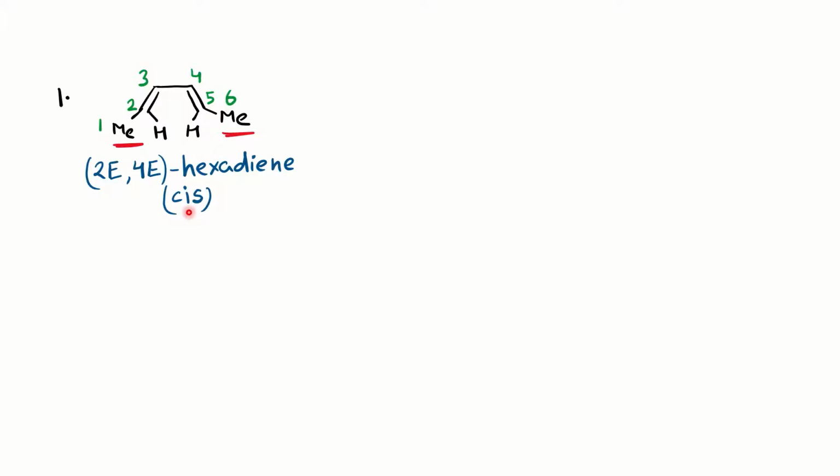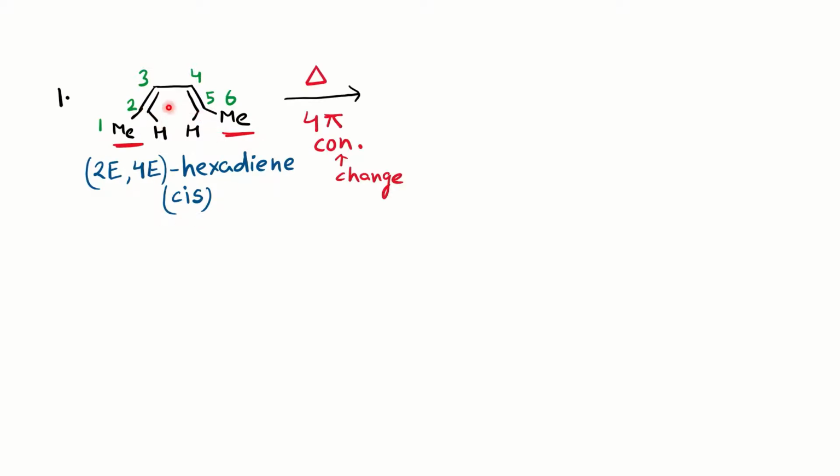Same means cis. If one substituent is inside and one is outside, then we will consider it different, and the overall stereochemistry we will consider as trans. So since in this molecule we have Me, both are outside, it is considered as same, means cis. So we can write the stereochemistry is cis.